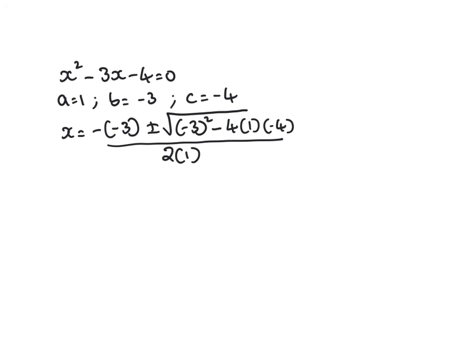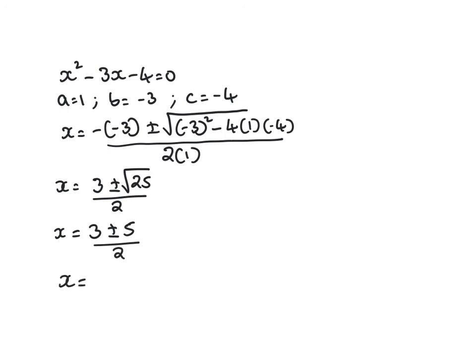That's the formula. So x is going to be equal to, if you simplify this, 3 plus or minus square root 25 over 2. And that is going to be x equal to 3 plus or minus square root 25, which is 5, over 2. So we will have two roots.